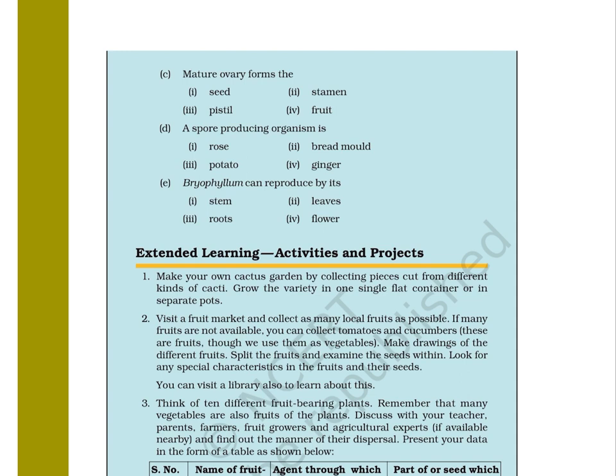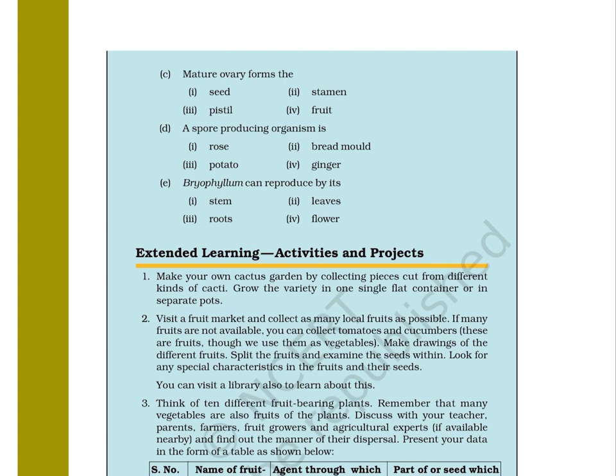Bread mold. 3. Potato. 4. Ginger. E. Bryophyllum can reproduce by its 1. Stem. 2. Leaves. 3. Roots. 4. Flower.